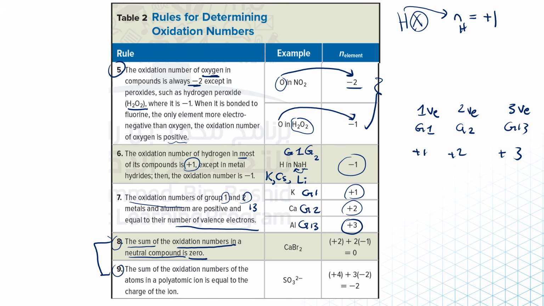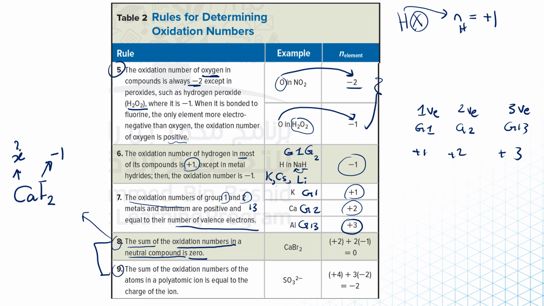مثال أستاذ. Okay, come here. Imagine you have CaF2. Okay. From the previous rule, you know that F will always be -1, the oxidation number. Ca is X, we don't know it. Okay.